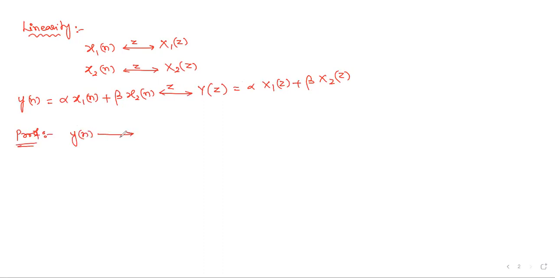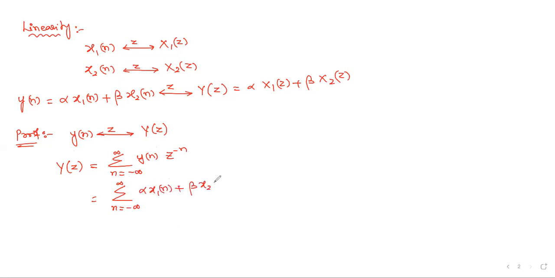The Z transform of y of n is Y of z. For all these properties, you need to understand the transform definition. Y of z equals summation n equals minus infinity to infinity y of n z power minus n. Now what is y of n? Summation n equals minus infinity to infinity, alpha times x1 of n plus beta times x2 of n, whole, into z power minus n.